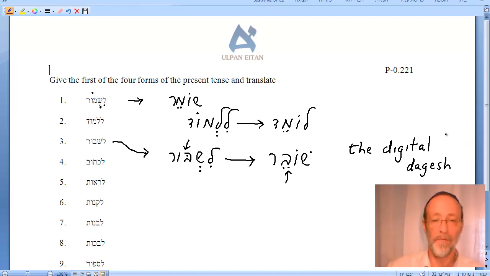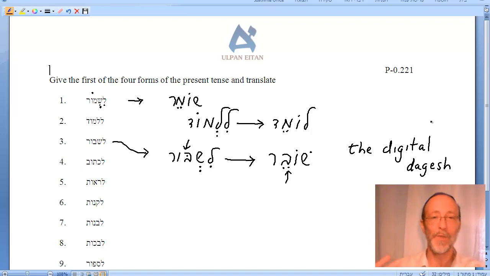I'm going to keep it simple, folks. If you memorize the verb lishbor, meaning to break, which is a very, very popular word, simultaneous to that memorization, memorize the concept that in the infinitive it was a bet, and in the present tense it was a vet, or a V sound. Lishbor, shover.